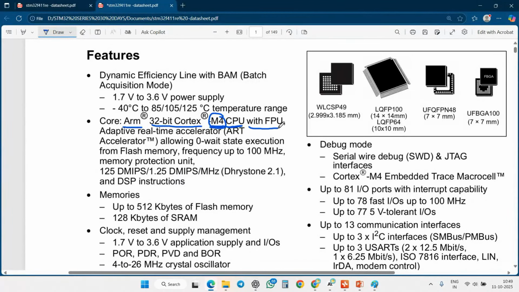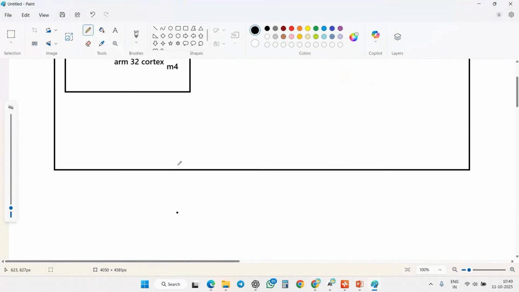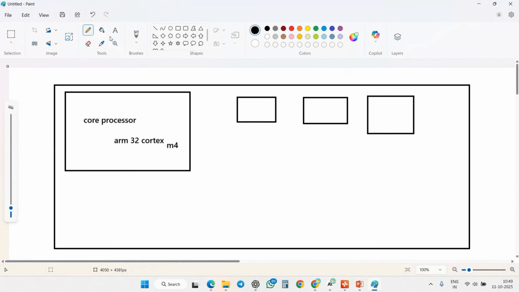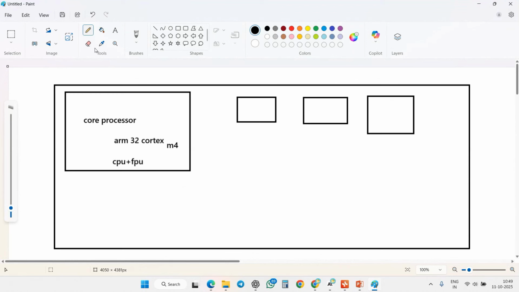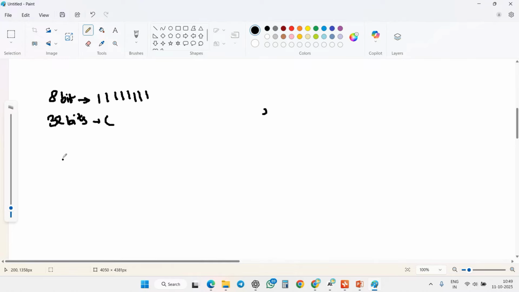Other than that, it has an FPU. CPU normally means the central processor, it is just a processor. What is it along with the CPU? The FPU.